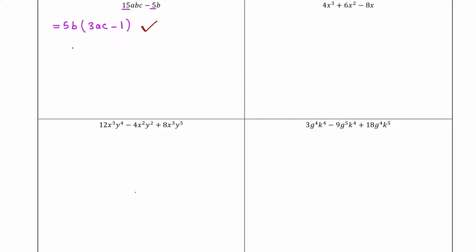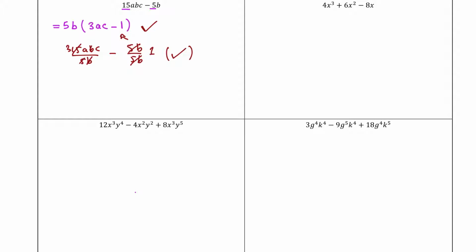So you can show that 15abc over 5b and 5b over 5b, and that this is equal to, and you can start canceling these out to show that you understand what goes in here for an optional check mark.